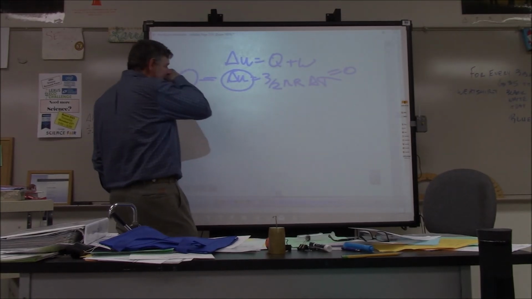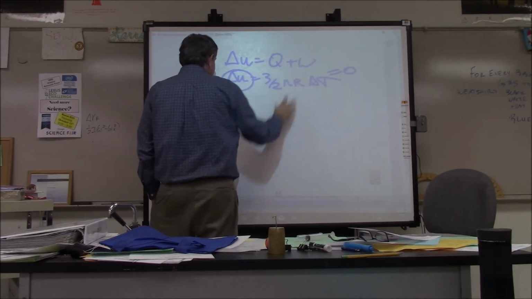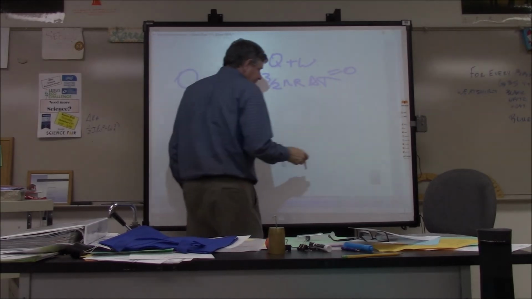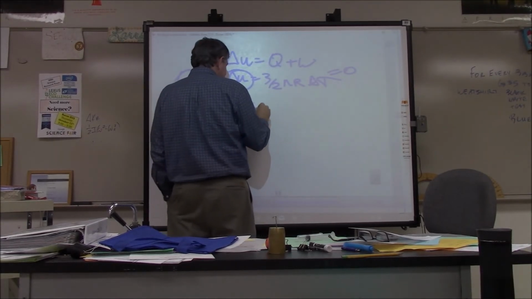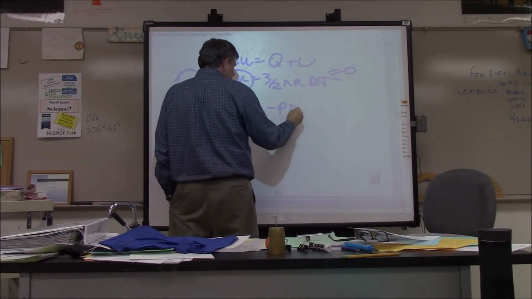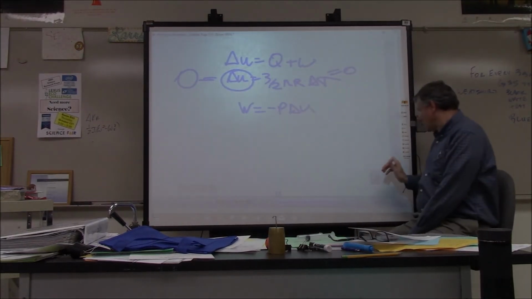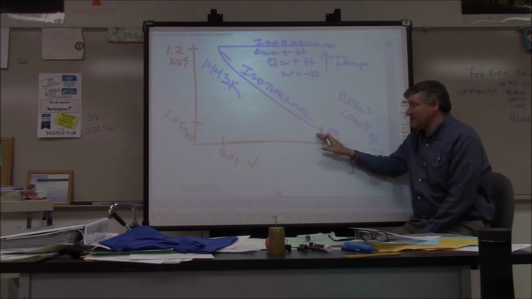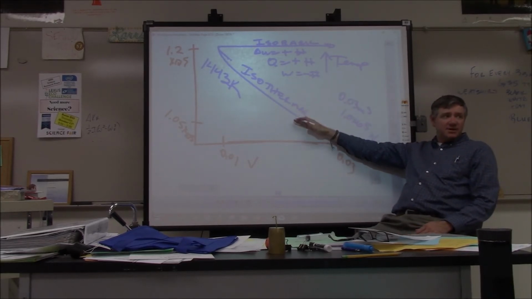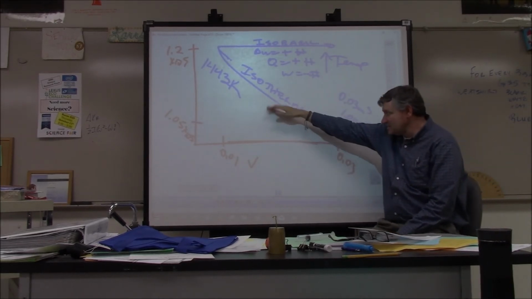All right, so delta U equals Q plus W. Now here's the question. Could I use negative P delta V for this calculation on an isothermal expansion? Could I use work equals negative P delta V to calculate this area?